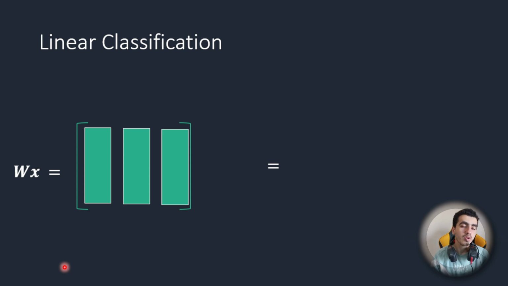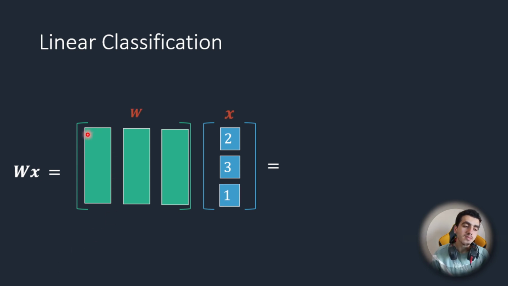So if we have W by X, W is the weights of our model and X is the input, the data. So if our matrix W is composed of 3 vectors, these 3 vectors can be 3 different directions describing the weights.